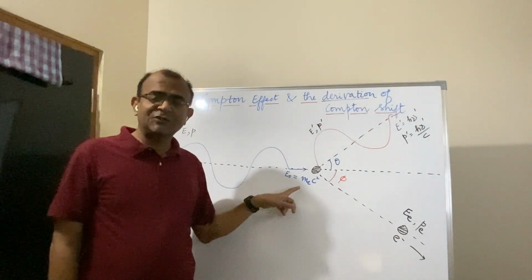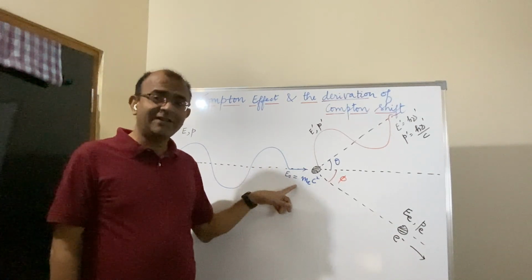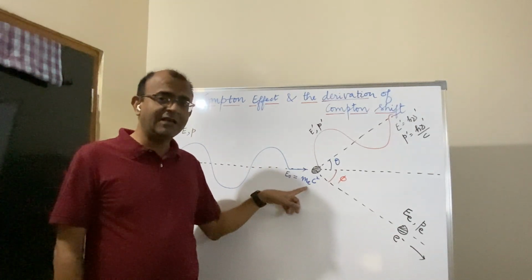The electron, which is assumed to be at rest initially, has a rest energy of m suffix e c squared.